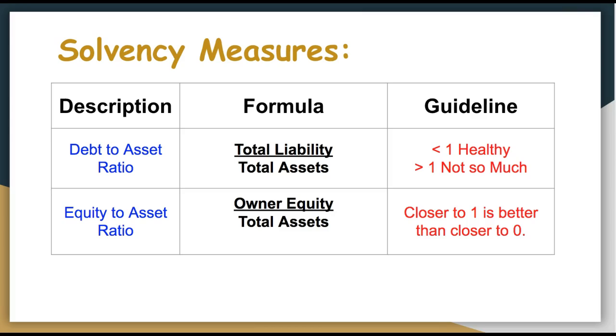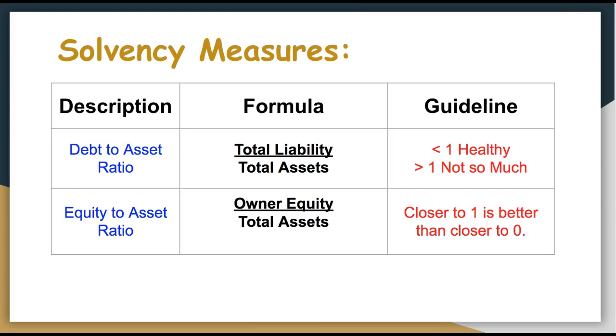The equity to asset ratio, go back to your definition of what equity is. That's your owner's equity or net worth over your assets. And it's just saying, okay, as a ratio, what is your percentage ownership, or what's the ratio that you have as far as your owner's equity over your total assets?